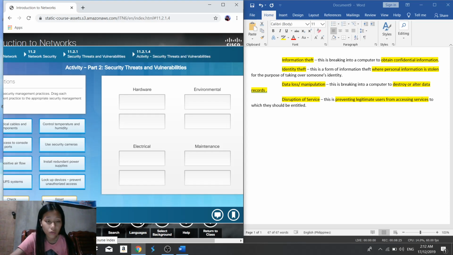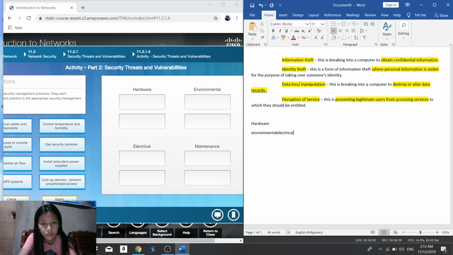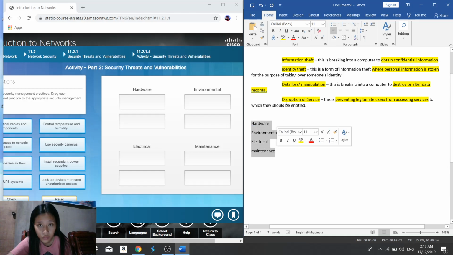We are all familiar with hardware, of course, and the environmental, the electrical, and maintenance. These four are under part 2.